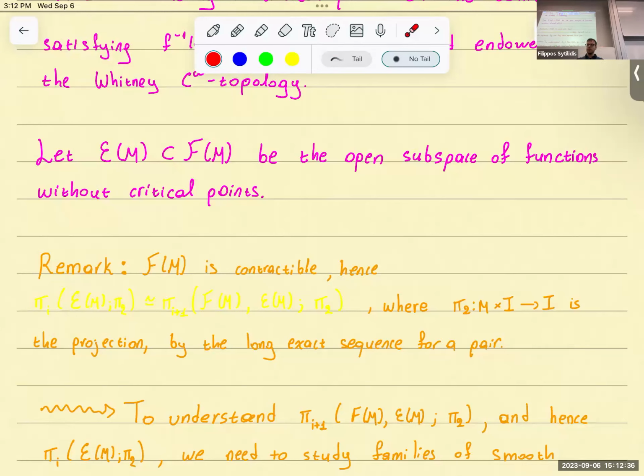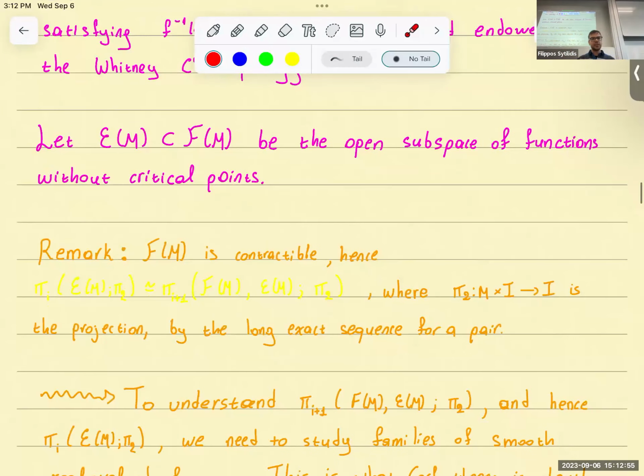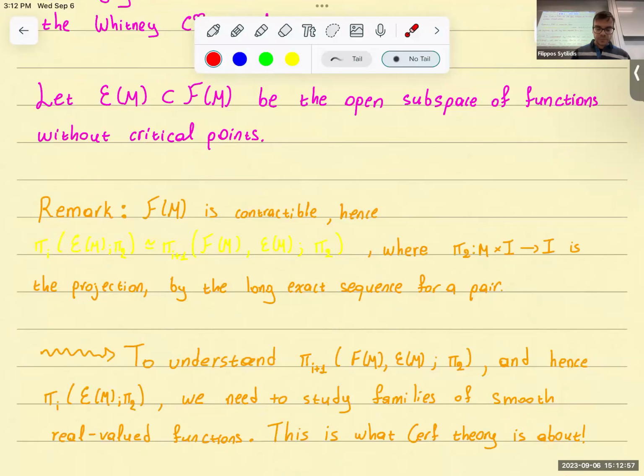If you give me any two smooth real-valued functions, any linear combination of them is going to be a smooth real-valued function. So the space itself is convex, and any convex space is contractible. The proof is a little more complicated because I have to tell you what kind of space F of M is to use this, but that's basically the heart of it. So it's a contractible space.